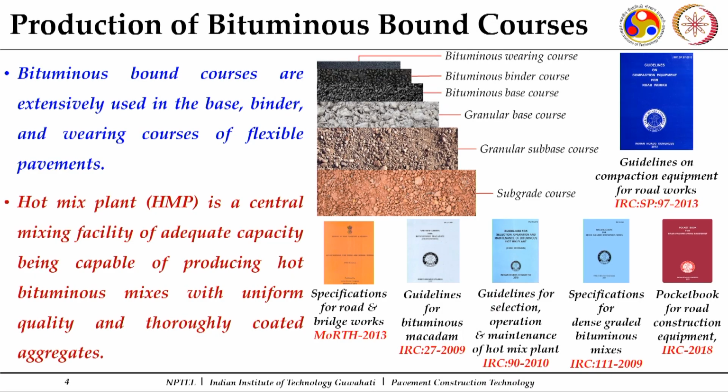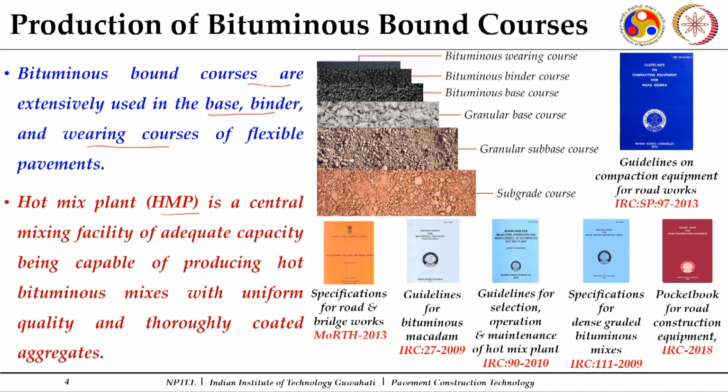So, to begin again, just to have a quick glimpse, bituminous bound courses are extensively used in base, binder and wearing courses in flexible pavements, very popular specifically. And as I mentioned, to produce those mixes in a controlled facility, we require the hot mix plants, which is a central mixing facility.